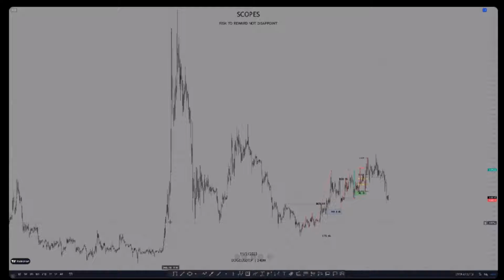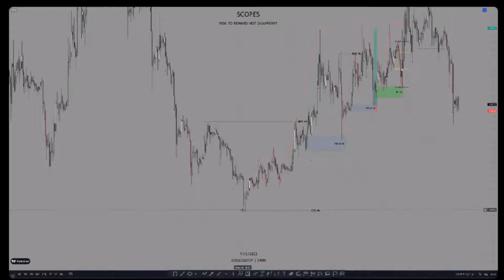So I've marked out here the last up movement, and so you just fetch your bar across. So you'd expect it to come here.